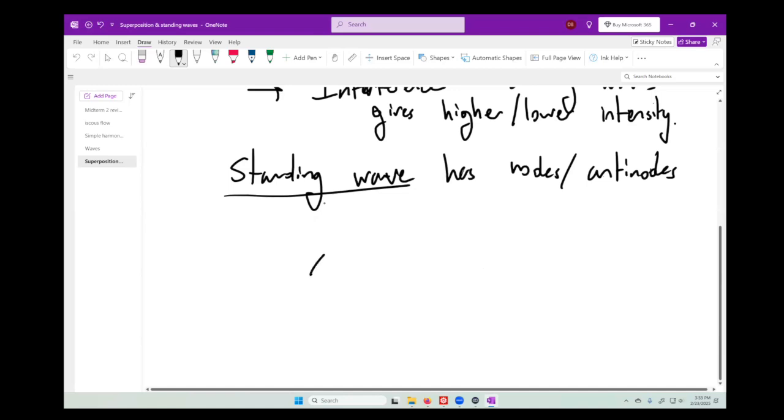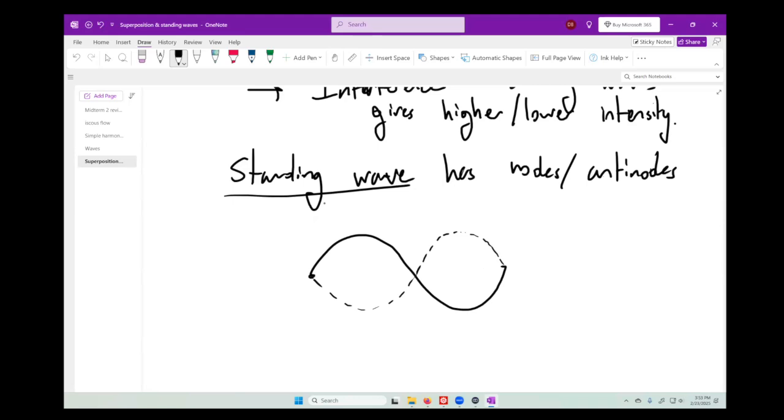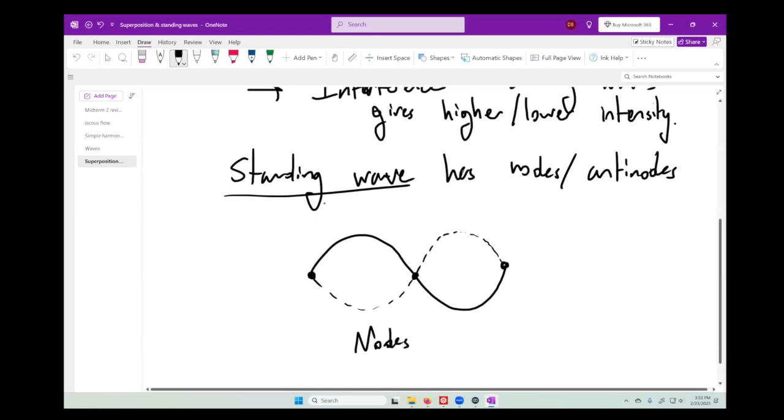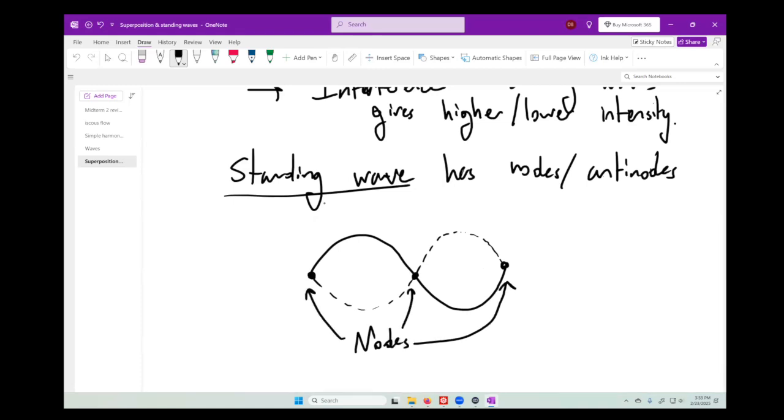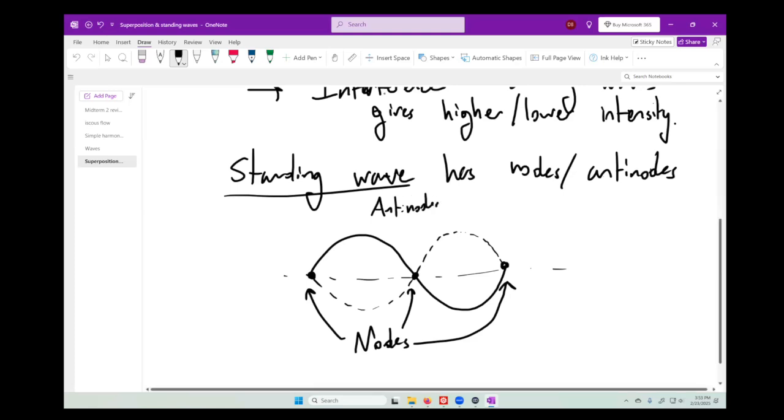Those act as nodes. The nodes are the positions where we have no displacement. And then the antinodes are the positions where we have maximum or minimum displacement.